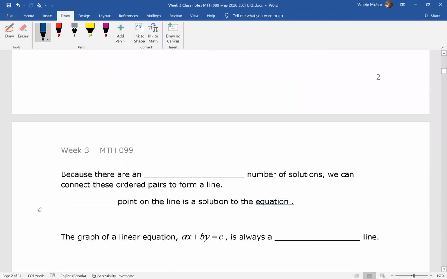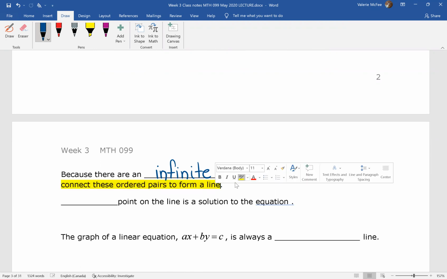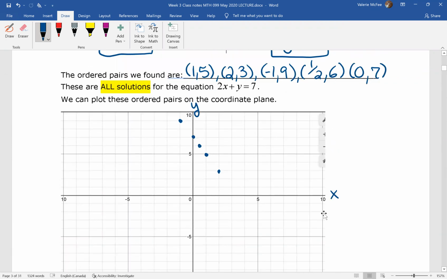Now, remember what we said. We said there are an infinite number of solutions. That means we can connect the ordered pairs to form a line. So let's go back to our graph. Now, I hope you have a straight edge. I'm putting an arrow on the end here. Do you know why?